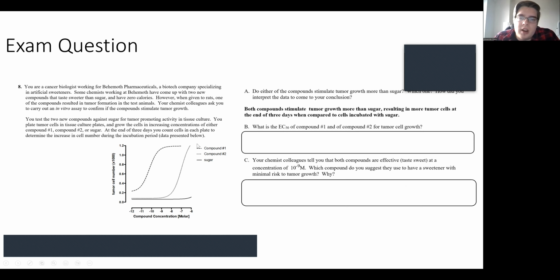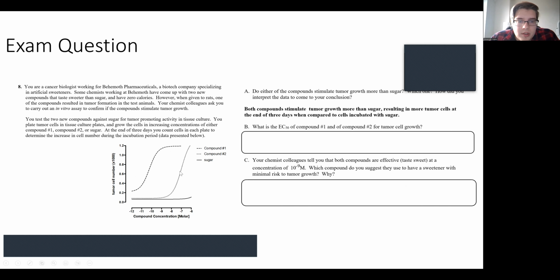What is the EC50 of compound 1 and compound 2? Go back to when we talked about 1/2 Vmax for enzyme kinetics, very, very similar. Go to about the 50% mark. So this goes up to about 1.1, 1.2. So then we go to about the 0.6, 0.7 mark, and we see that it's about 10 to the negative 10 here for compound number 1.